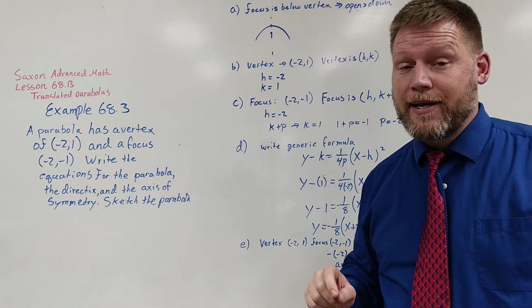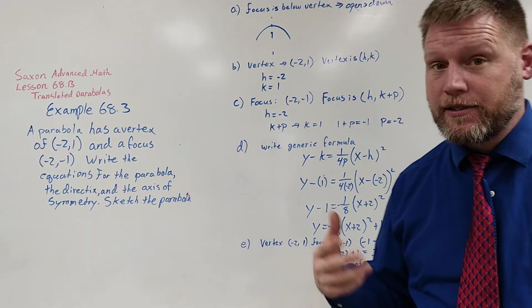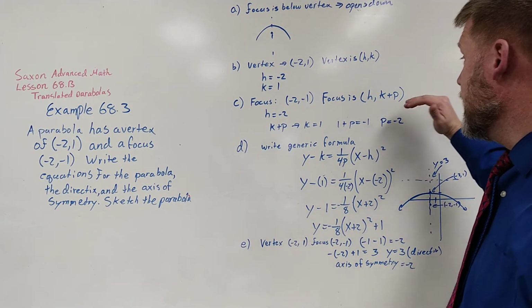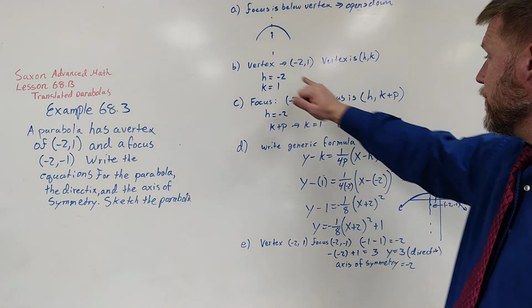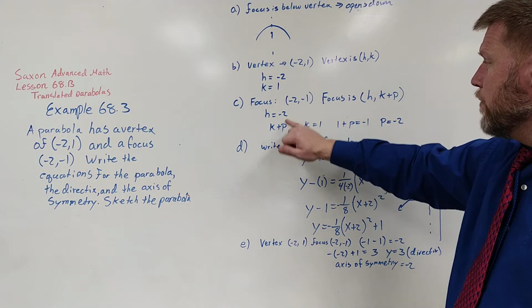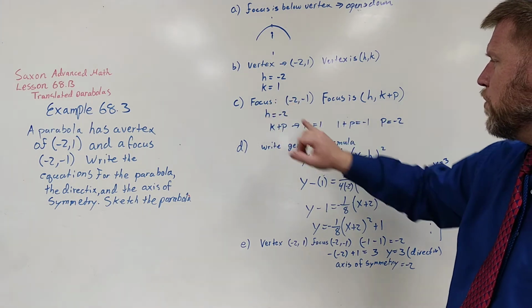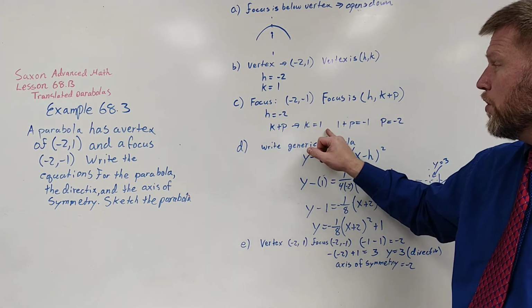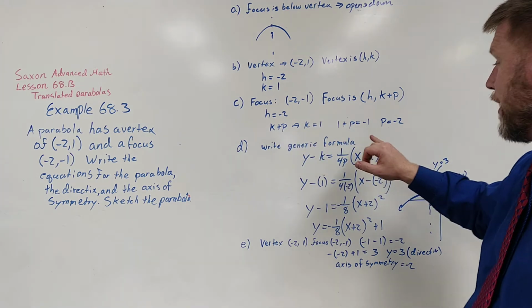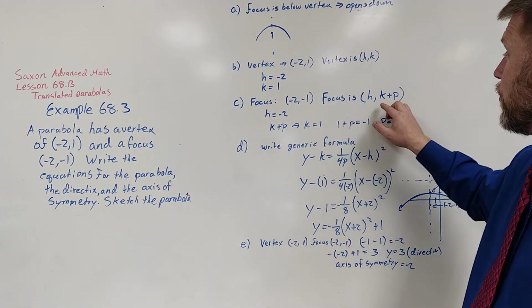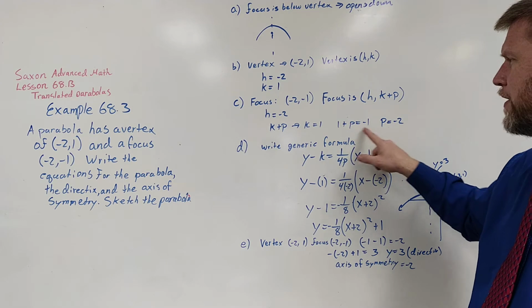This h, which we already knew, was -2, and we know this is k plus p, and k is 1. So if k is 1, what's p going to have to be to get to a total of -1? 1 plus p equals -1.